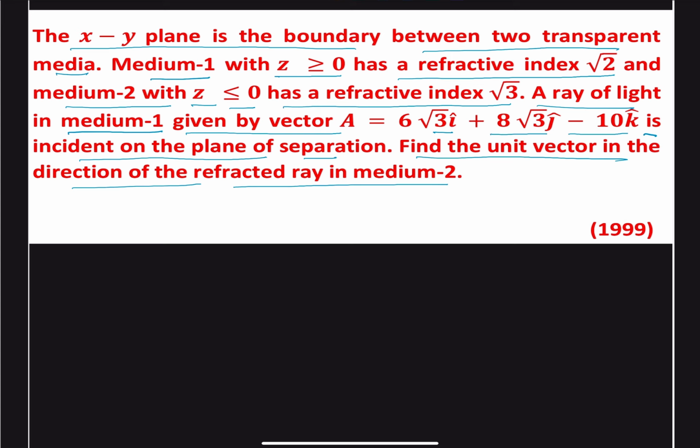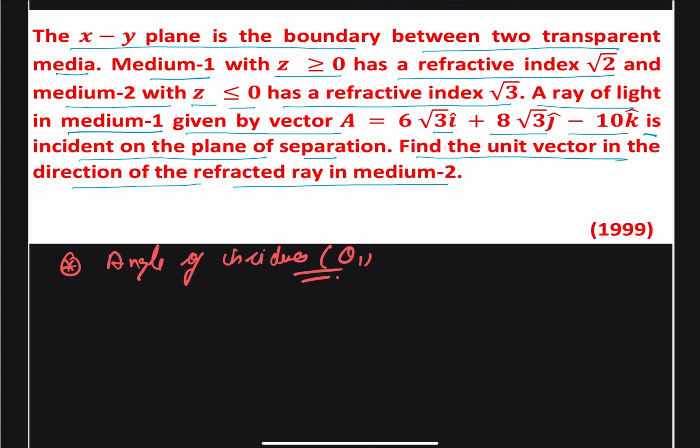In the first part, we are going to find out the angle of incidence, that is our theta 1. For that, we are going to first find out the magnitude, and then we find the angle by using the cosine of the angle.